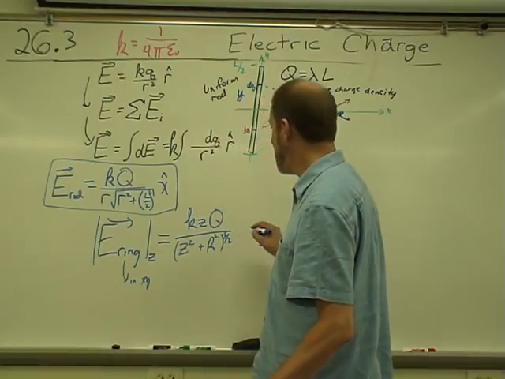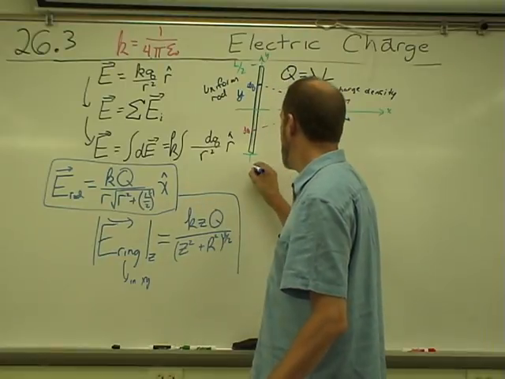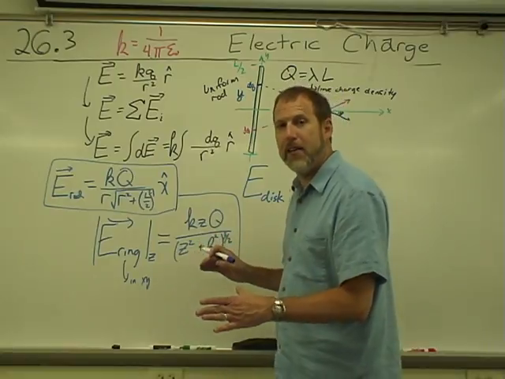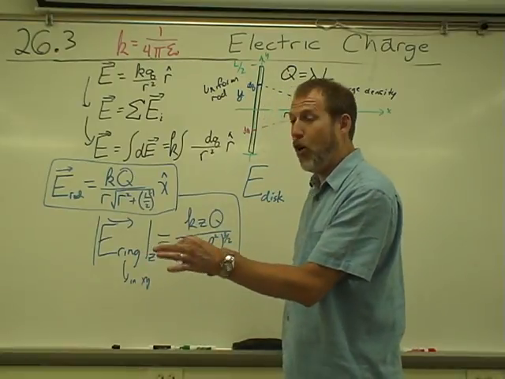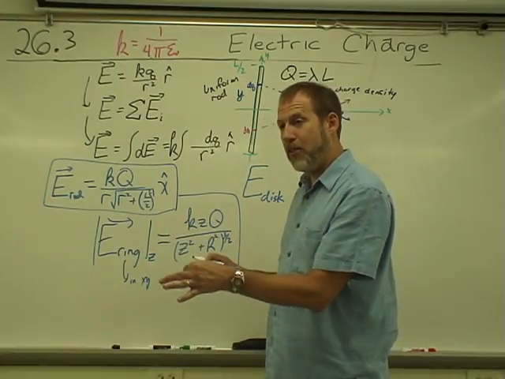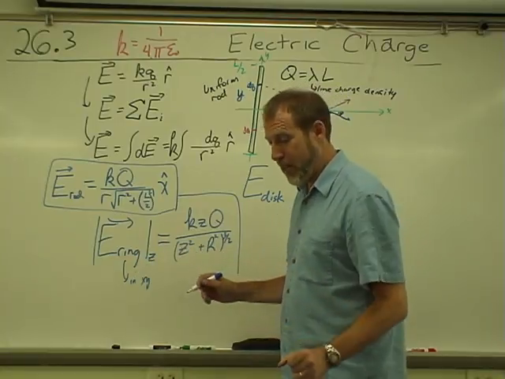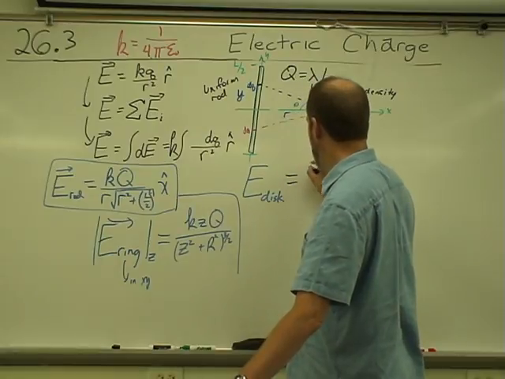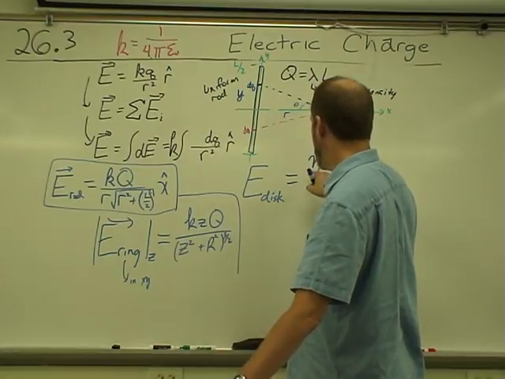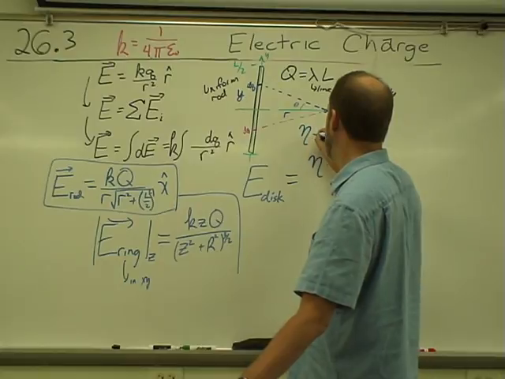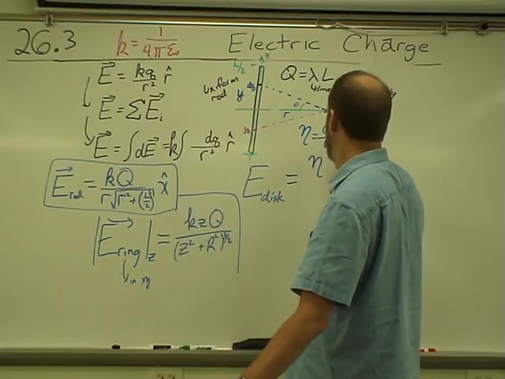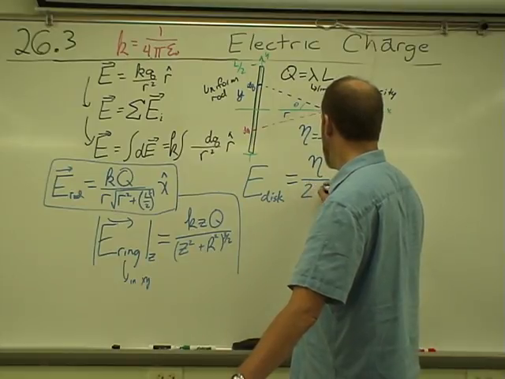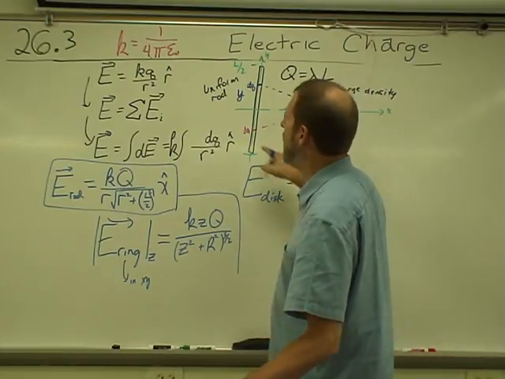If I have a disk, then basically I'm taking that ring and I'm taking a whole bunch of rings, and I'm integrating from r equal to 0 out to r equal to the edge. And I find that value is equal to the surface charge density, the total charge over the total area, divided by 2 times epsilon naught.